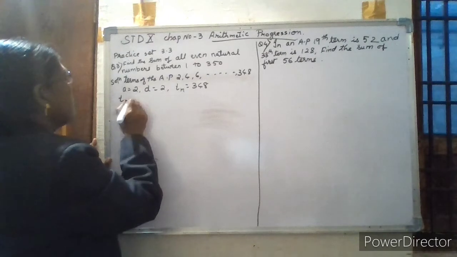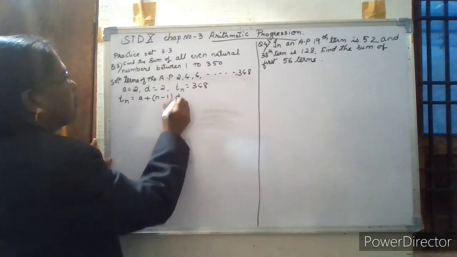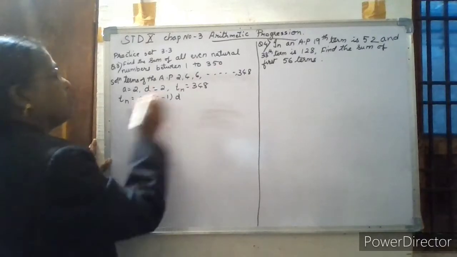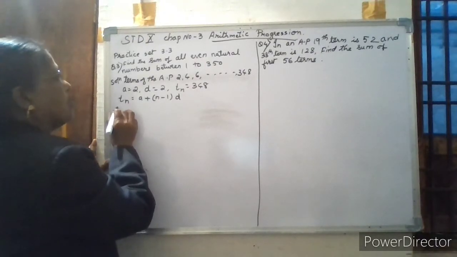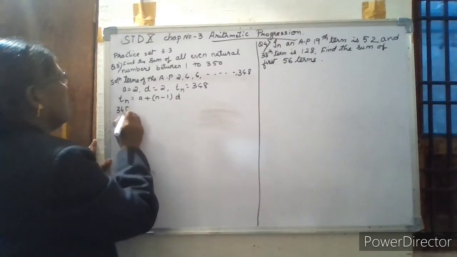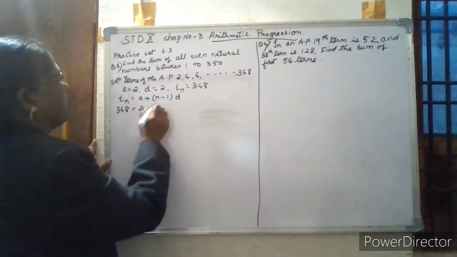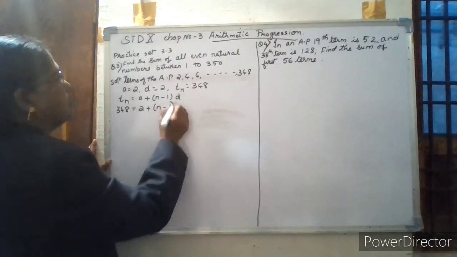The nth term is equal to a plus n minus 1 into d. The nth term is 348, so 348 is equal to a, which is 2, plus n minus 1 into d, which is 2.